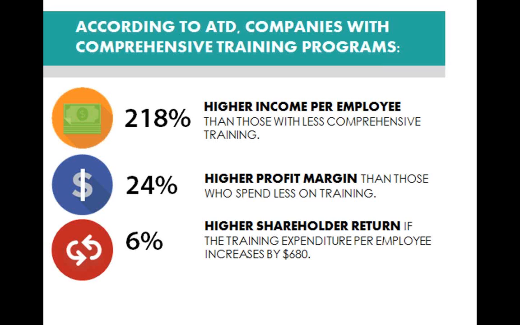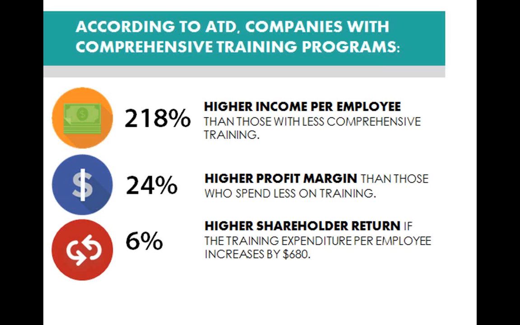ATD just released, it used to be called ASTD, by the way, but it's now ATD, not to be confused with organizations that have the acronym ADHD. But they just released their State of the Industry report, and training expenditures have remained relatively flat, no big changes. Larger organizations have scale. Nothing surprising in it.